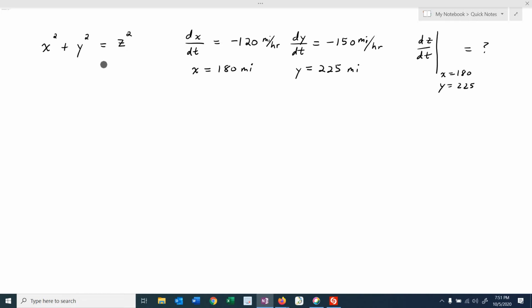Okay, this is the foundational equation that we're going to start with. That just comes from the Pythagorean theorem. x squared plus y squared is equal to z squared because we have a right triangle. Now we're going to take the derivative of this equation with respect to t on both sides.